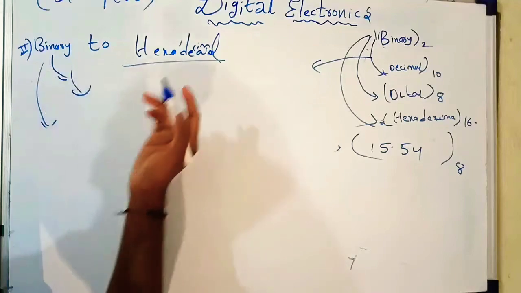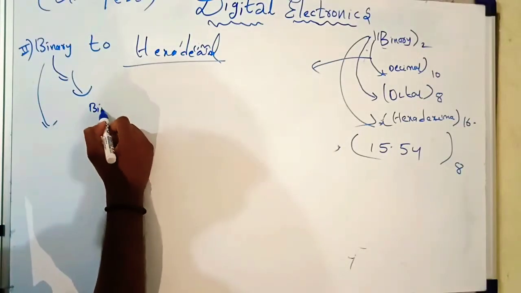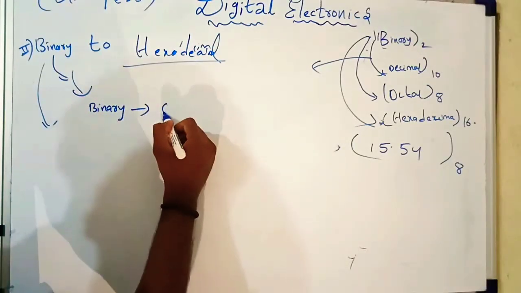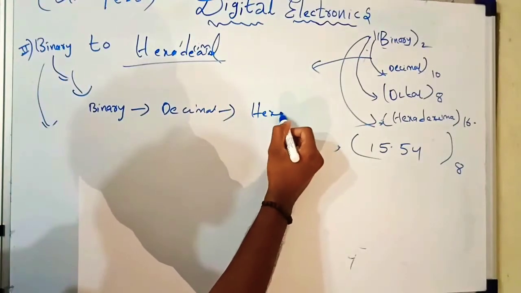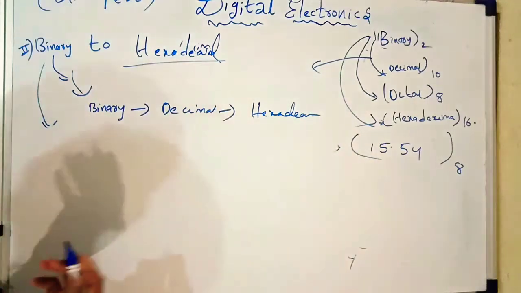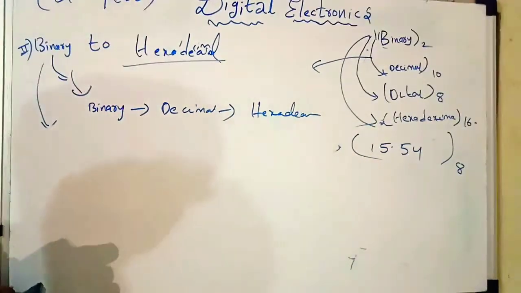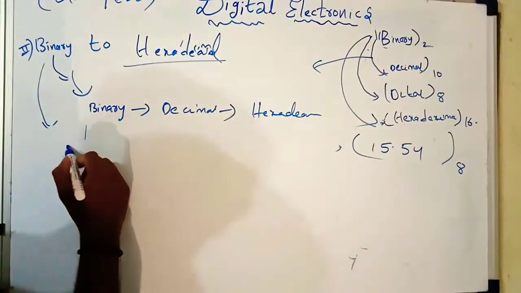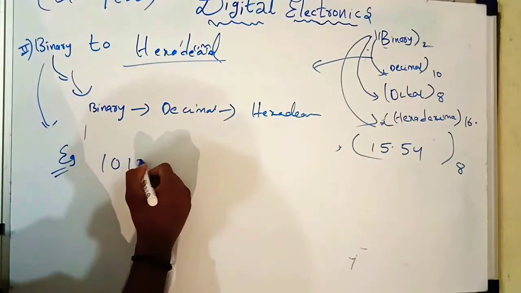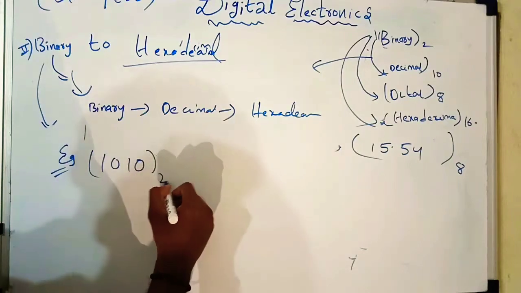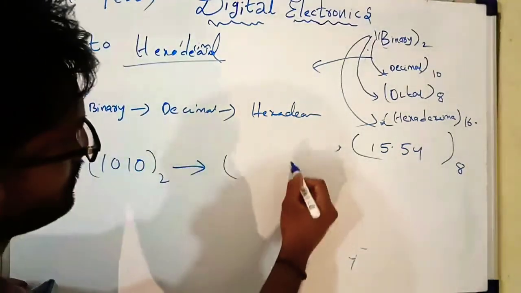Same as that of binary to octal, here also first we need to convert binary to decimal and decimal to hexadecimal. Instead of that, we will do it in an easy procedure. Just take an example of binary value 0, 1, 0. We need to convert this to hexadecimal.